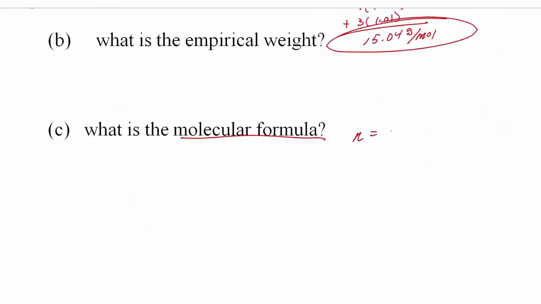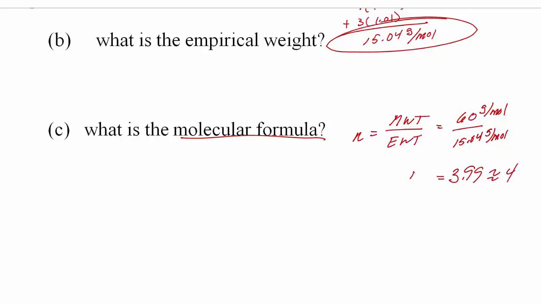So n is molecular weight over empirical weight, 60 grams per mole divided by 15.04 grams per mole. 60 divided by 15.04 gets about 3.99, which is approximately 4. So my n is 4.